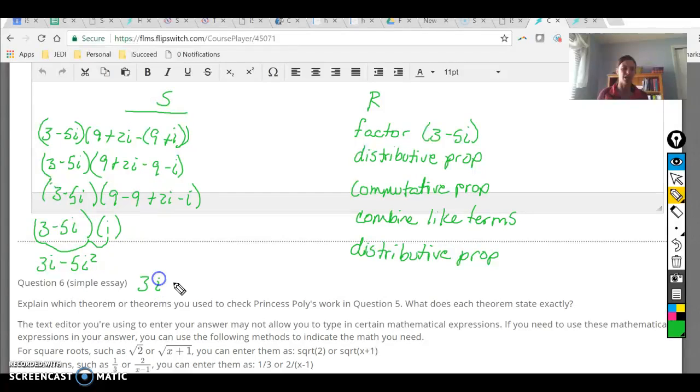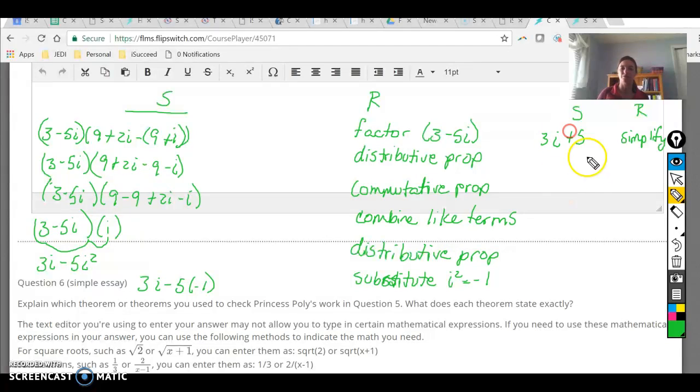So 3i minus 5 times -1 is, substitute i squared equals -1, okay? And then simplify. Let's go up and just do it here real quick, S and R. If I simplify this, I get 3i + 5. Let's simplify. And then I can rearrange it into how we're used to seeing it, 5 + 3i, and back to the commutative property.